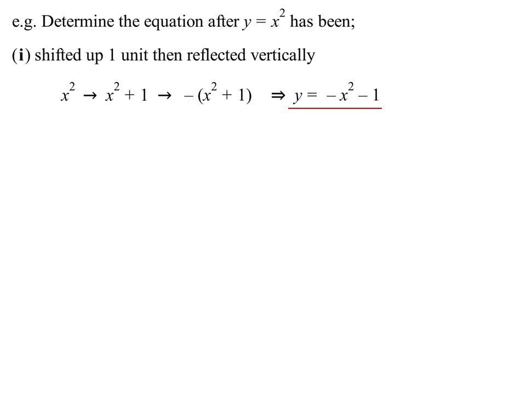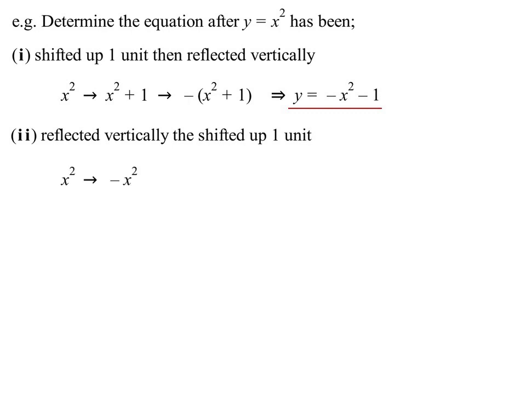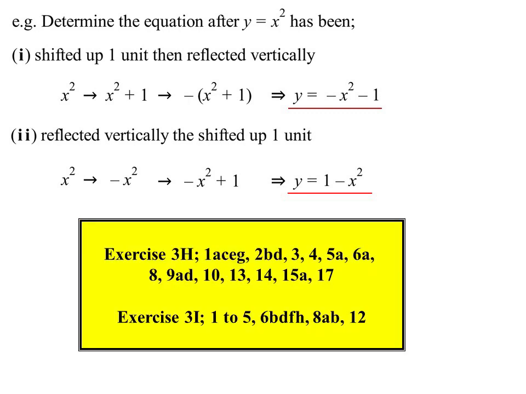So that's if I shift it up 1 and then reflect it vertically. If I went the other way around, reflect it vertically, then shift it up 1 unit, the x squared would go to minus x squared, but now I shift it up 1 and I get a different equation. Y equals 1 minus x squared. So again, illustrating the difference of the order matters. So 3h and 3i.